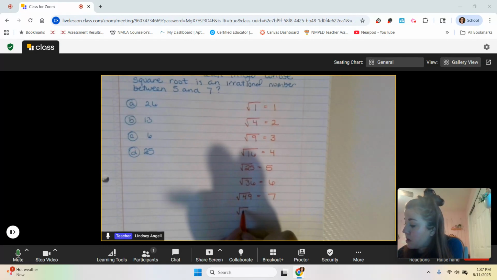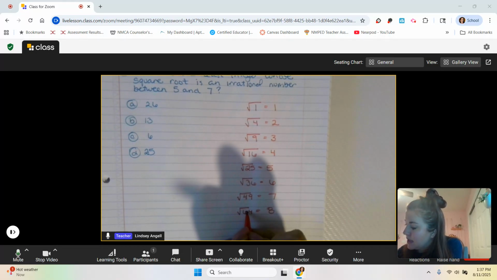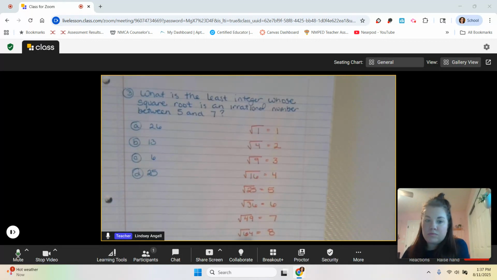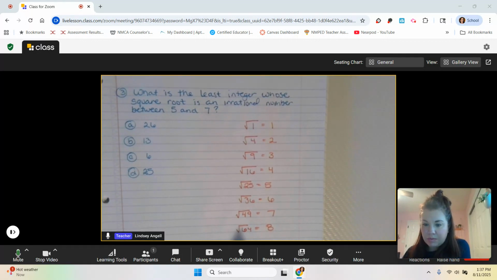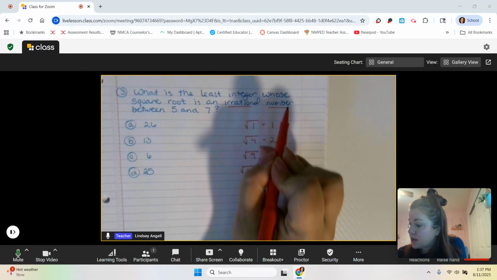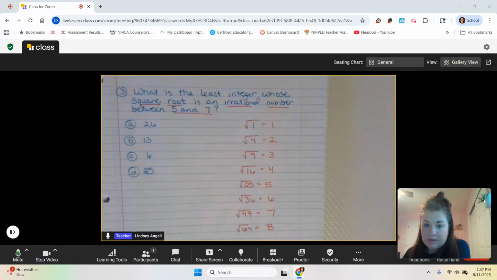We'll do one more just for good measure: square root of 64 is 8. Alright, so let's read it again. It's always a good idea to reread questions. What is the least integer whose square root is an irrational number between 5 and 7?